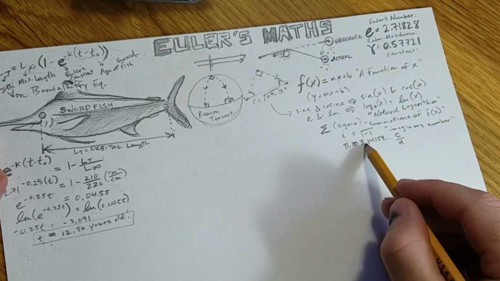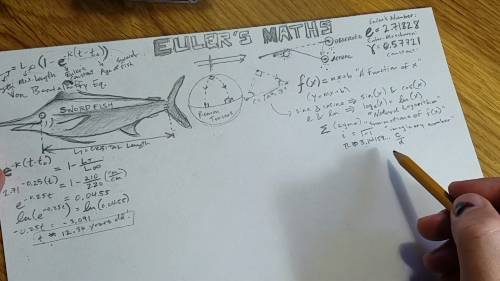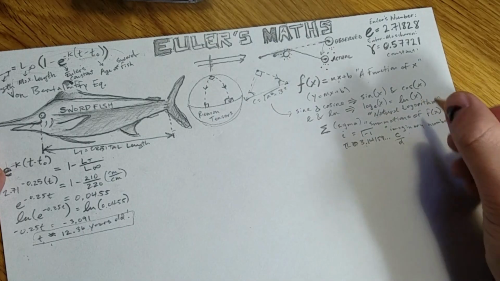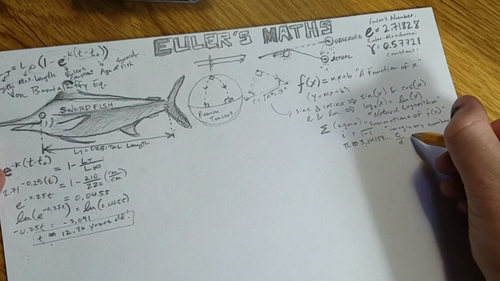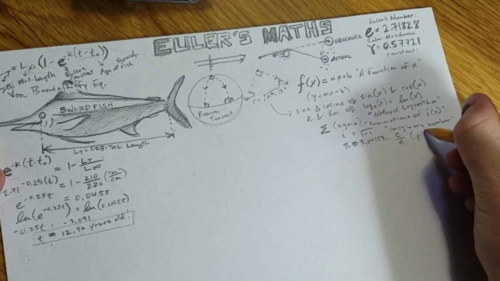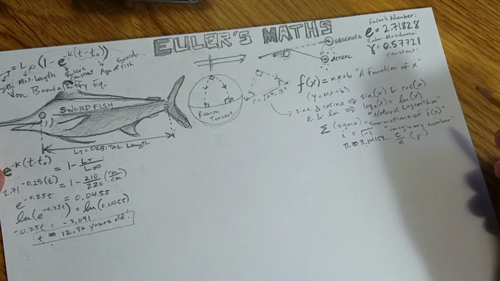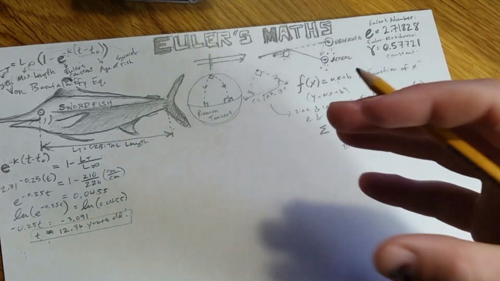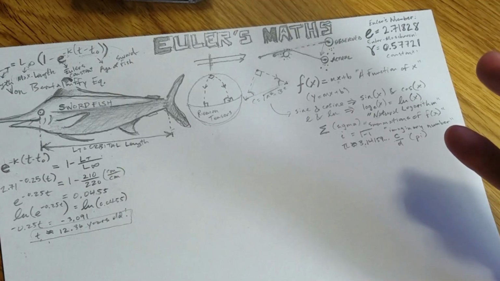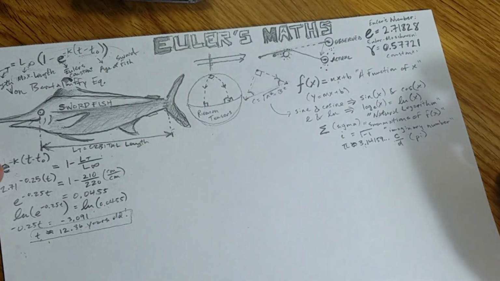It's always going to equal 3.14. Of course, that's pi. He didn't create that notation, but he did popularize it.